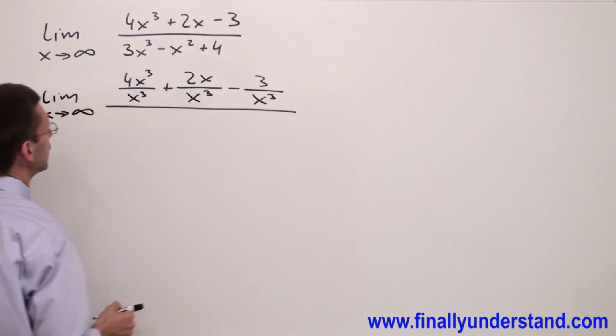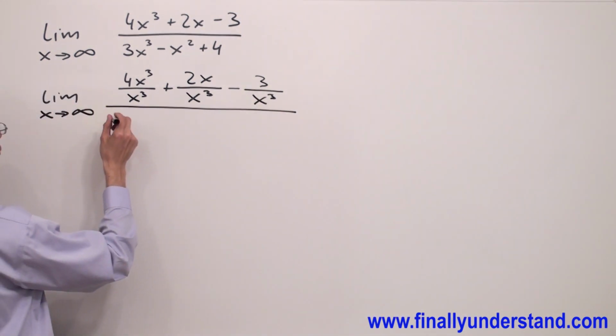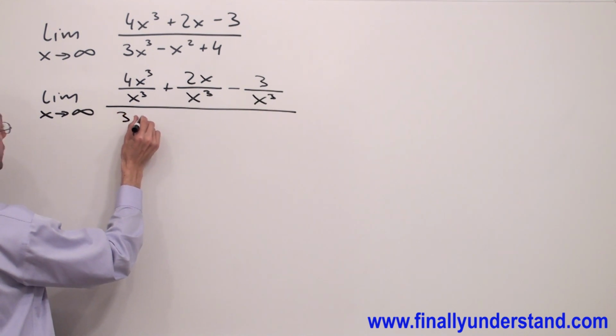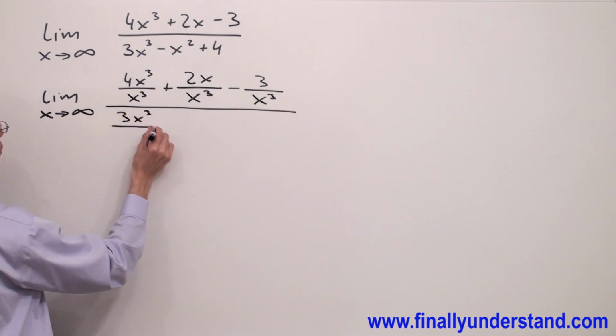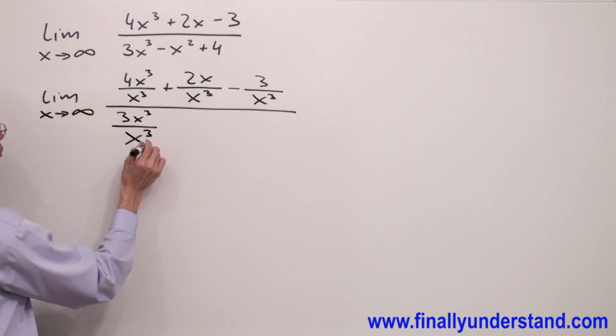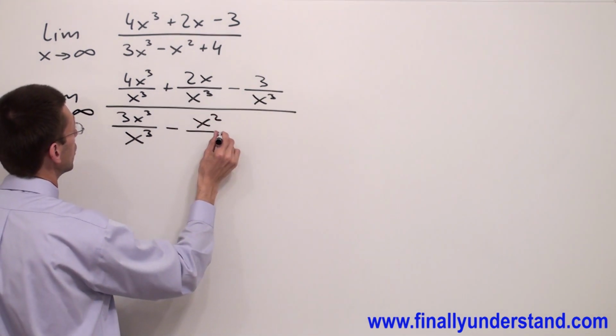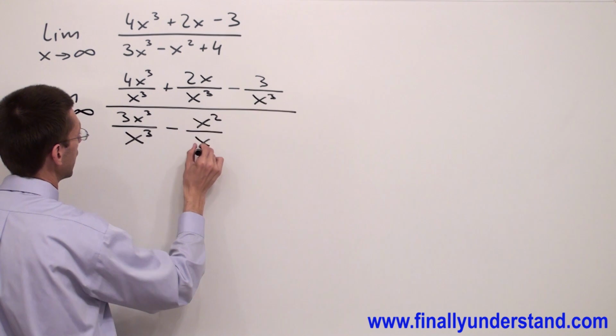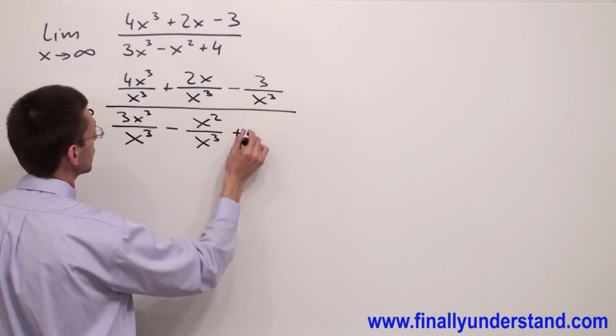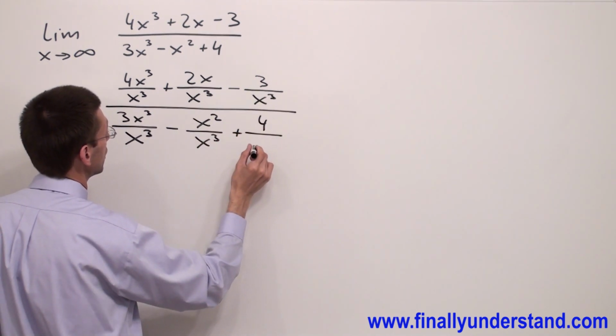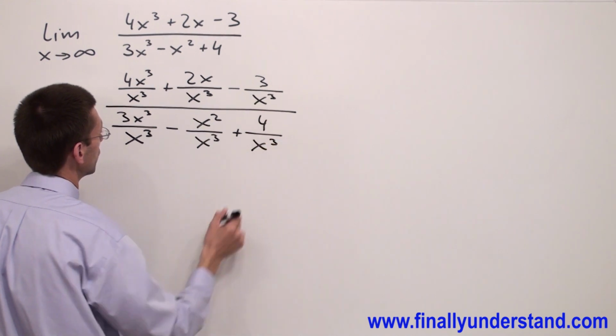Everything has to be over 3x cubed over x cubed minus x squared over x cubed plus 4 over x cubed.